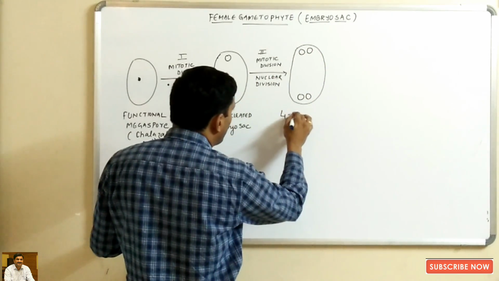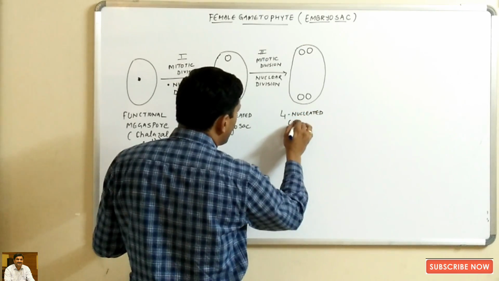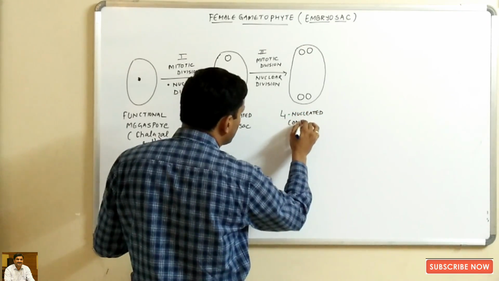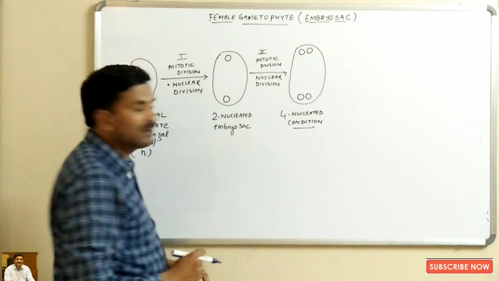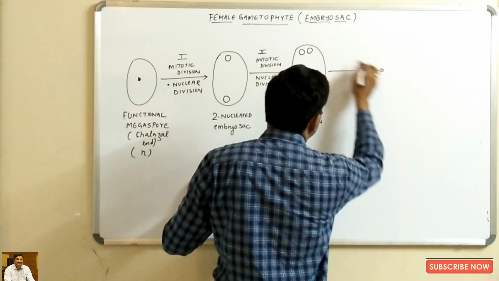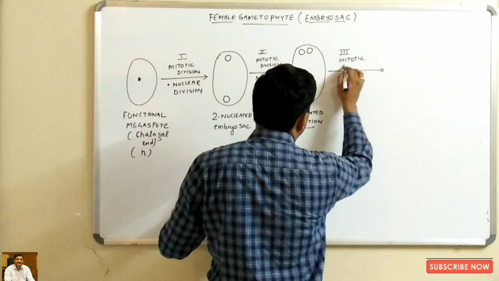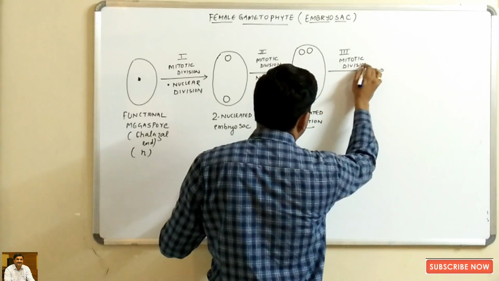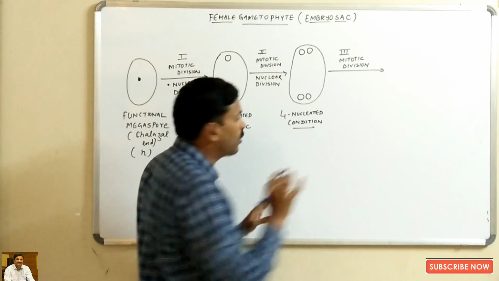This is a 4 nucleated condition, 2 at the chalazal end and 2 at the micropylar end. Now the third mitotic division occurs, and again the nuclear division is not followed by cytoplasm division or wall formation.